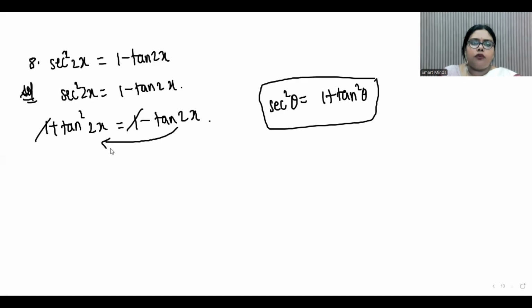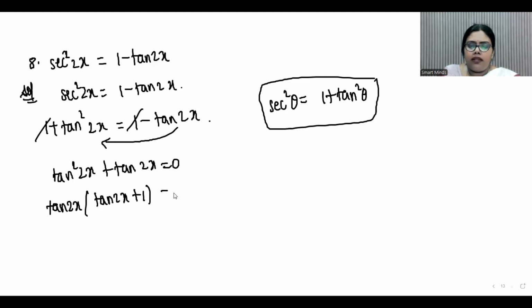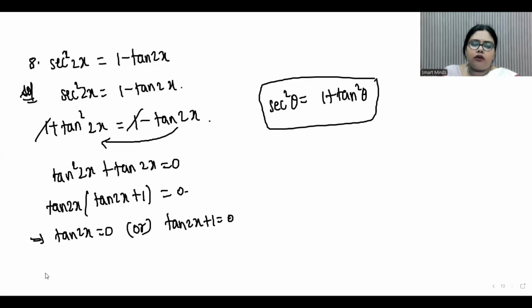Take this tan 2x this side. So you will get tan square 2x plus tan 2x is equal to 0. So if we take tan 2x common, we will get tan 2x into (tan 2x plus 1) is equal to 0. So that means either tan 2x is 0 or tan 2x plus 1 equals to 0. If tan 2x is 0, then the general solution is 2x is equal to n pi.